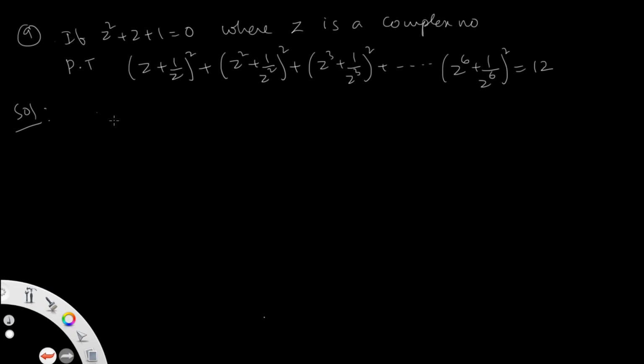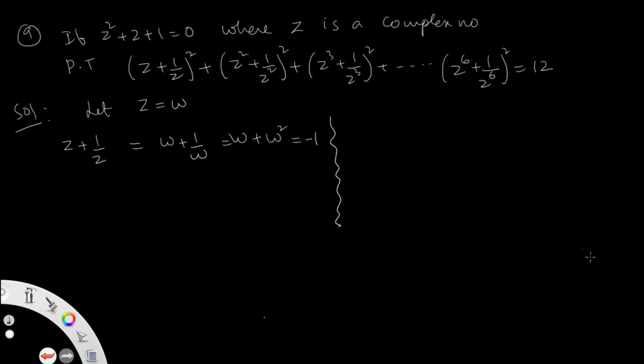So let z equal to some complex number, that is omega. Then substitute as LHS: z plus 1 by z, that is omega plus 1 by omega, which is omega plus omega square, nothing but minus 1. Why? Because 1 by omega is omega cube by omega, so that is omega square.